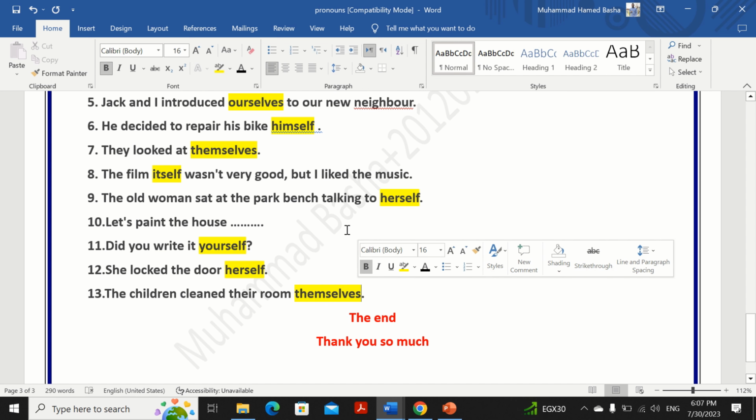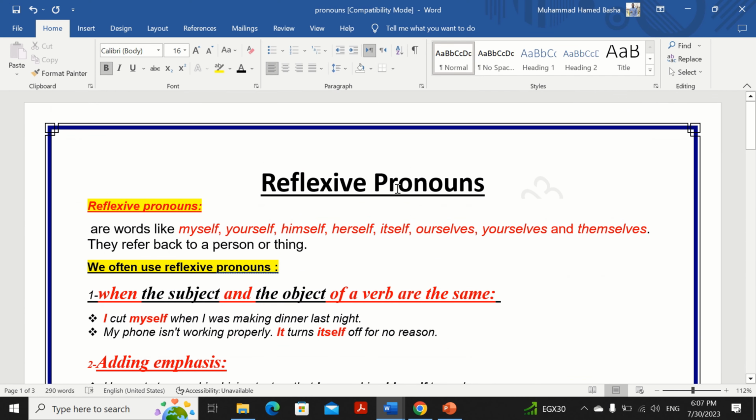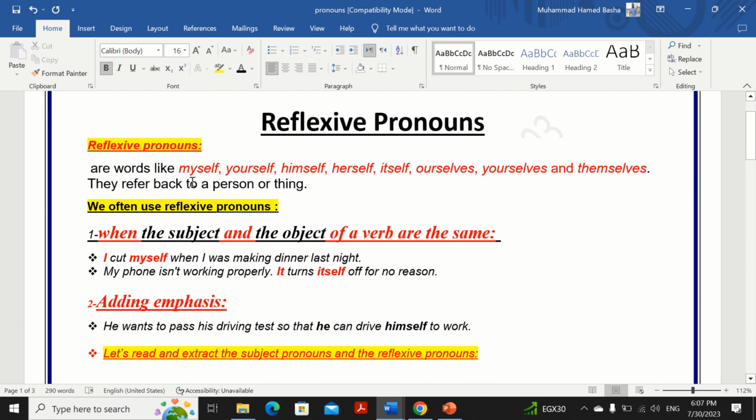At the end of our session, we spoke about reflexive pronouns. We said that they are words like myself, yourself, himself, herself, and so on. We often use reflexive pronouns when the subject and the object of a verb are the same, and for adding emphasis.